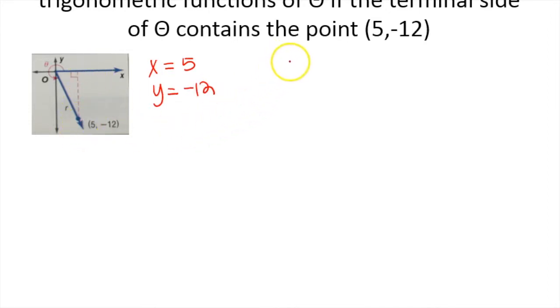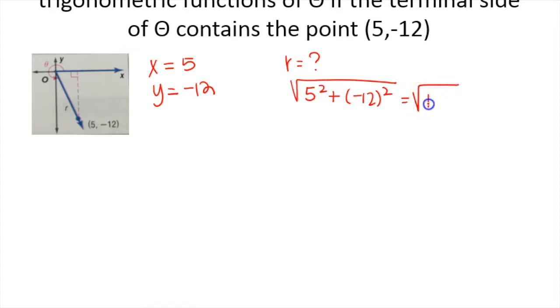So we are going to use the Pythagorean theorem to find r. When you do that, you have the square root of 5 squared plus negative 12 squared, which is the square root of 169, which makes r equal to 13.